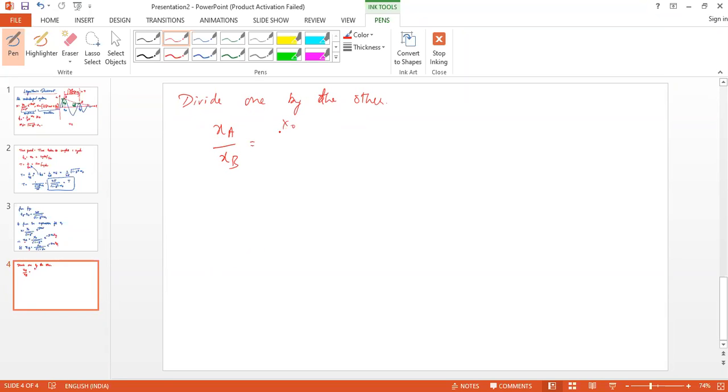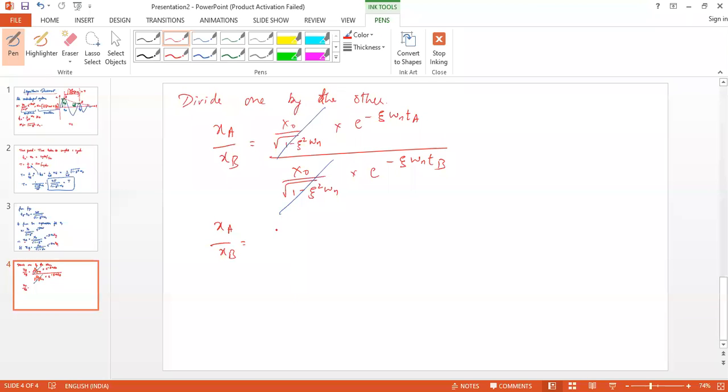XA is x naught divided by root of 1 minus zeta square, multiplied by e power minus zeta omega n tA, divided by x naught by root of 1 minus zeta square into e power minus zeta omega n tB. Here these two will get cancelled. So XA by XB is equal to e power minus zeta omega n tA divided by e power minus zeta omega n tB.